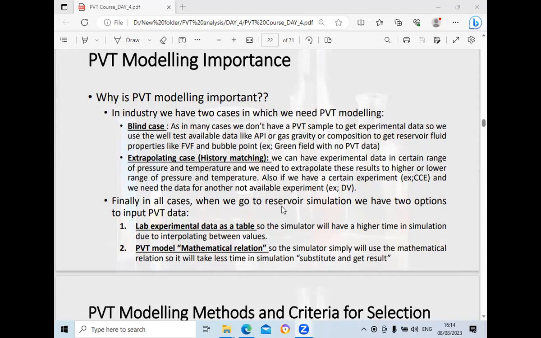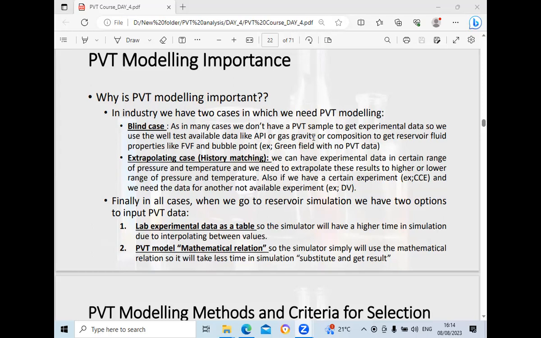So there are so many reasons why we are doing PVT modeling. In this case, the first point is a blind case. As in many cases, we don't have a PVT sample to get experimental data, so we use the well-test available data like API or gas gravity.